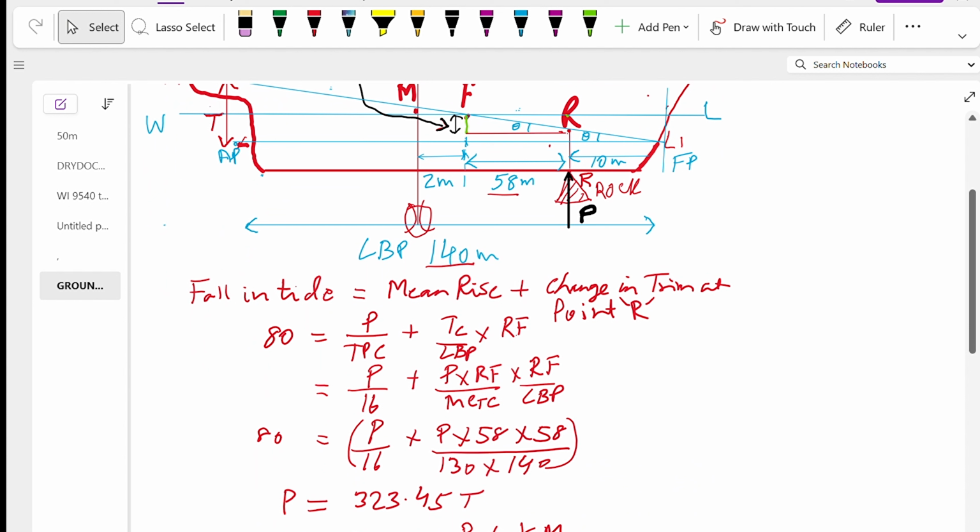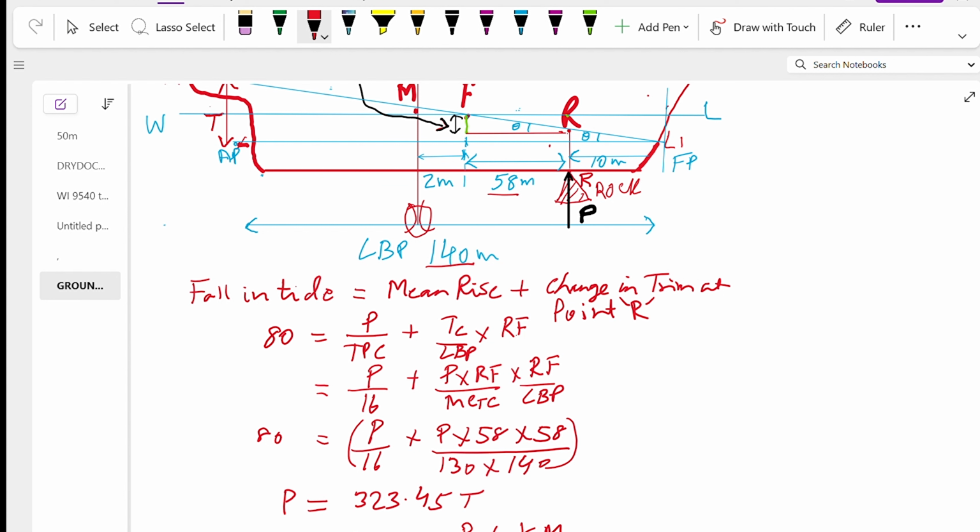So remember this, the point on the ship which is grounded, which has touched the ground. At that location, after the grounding, whatever will be the fall in water level outside due to tide or something, the draft at that location where the ship is touching ground will reduce equal to the fall in tide, fall in the water level.